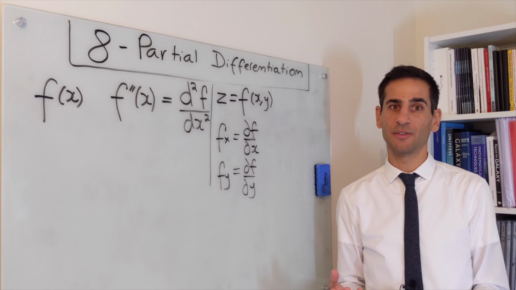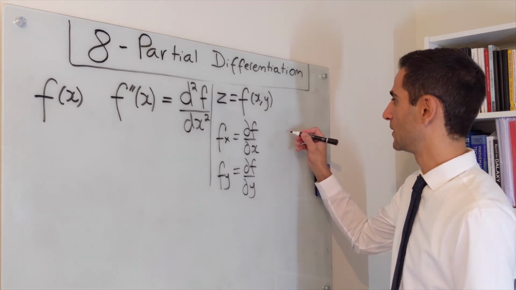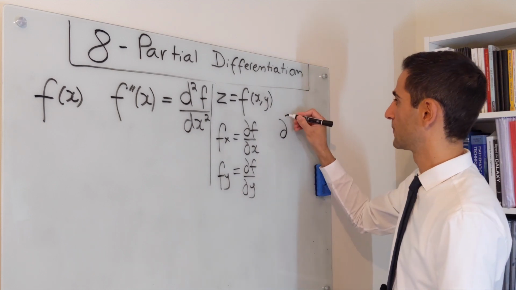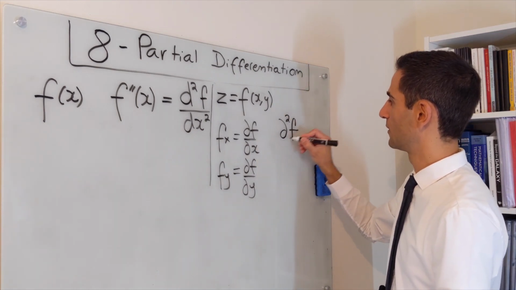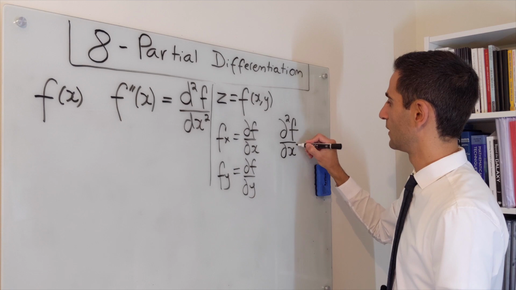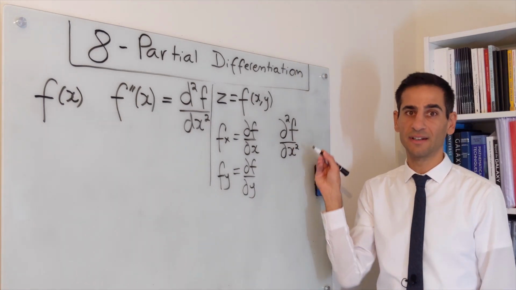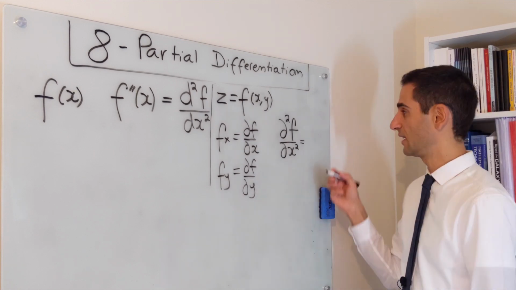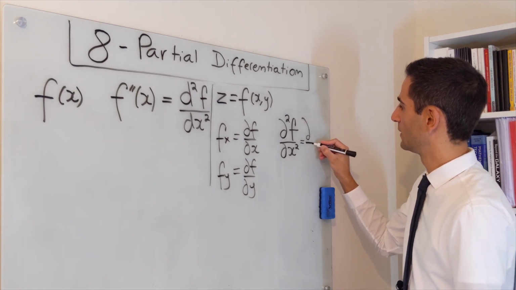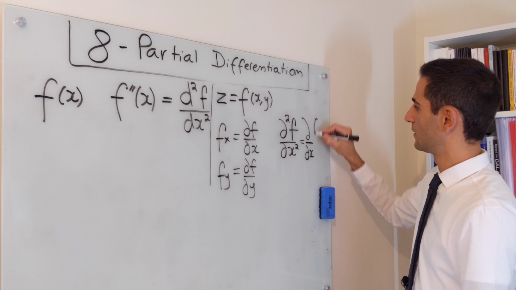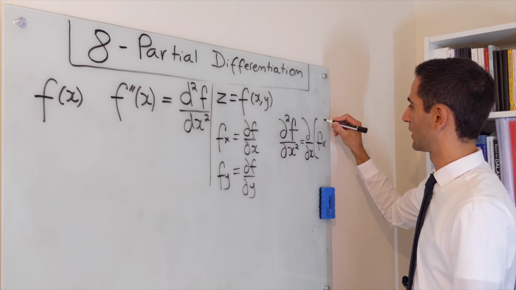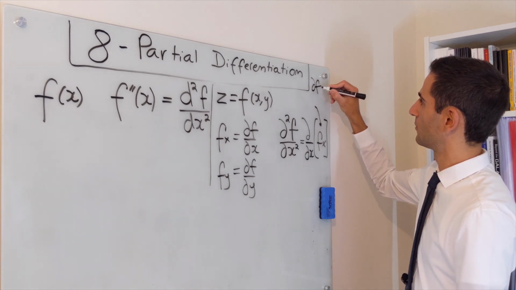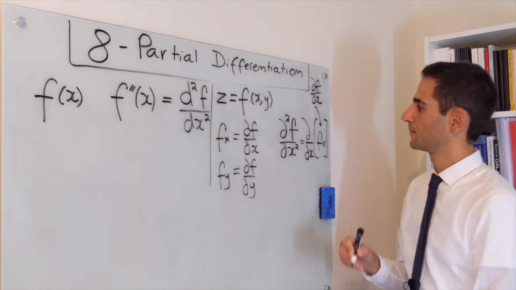How do we write the second order derivative? It's relatively simple. We use a similar notation, but with the curly d's. We use d squared f over dx squared. This is the second partial derivative with respect to x, which is obtained when we apply d/dx over f of x. And this is in itself df/dx.